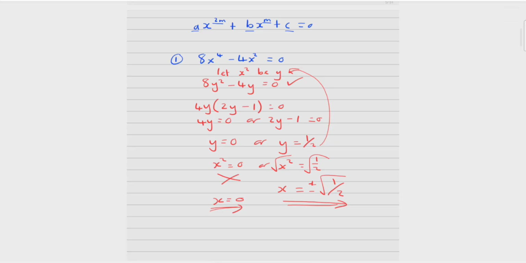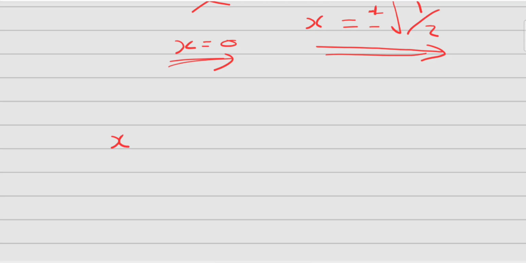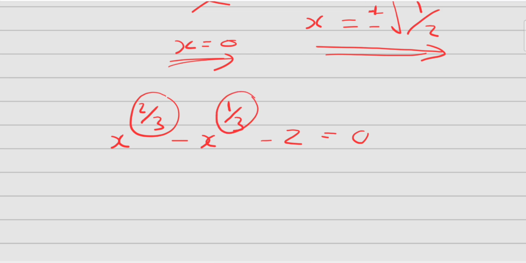So this is a simple way of working through questions like this. Another example that you might get is maybe x to the power 2/3 minus x to the power 1/3 minus 2 is equal to 0, right? You can see that this is double this, so you can just go ahead and say let y be x to the third, right?